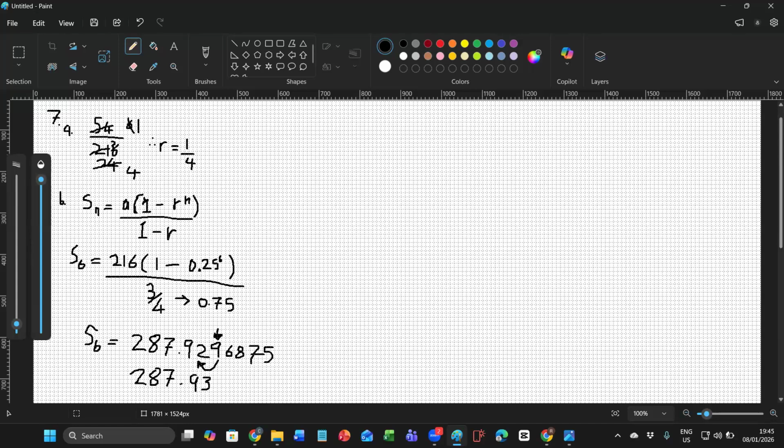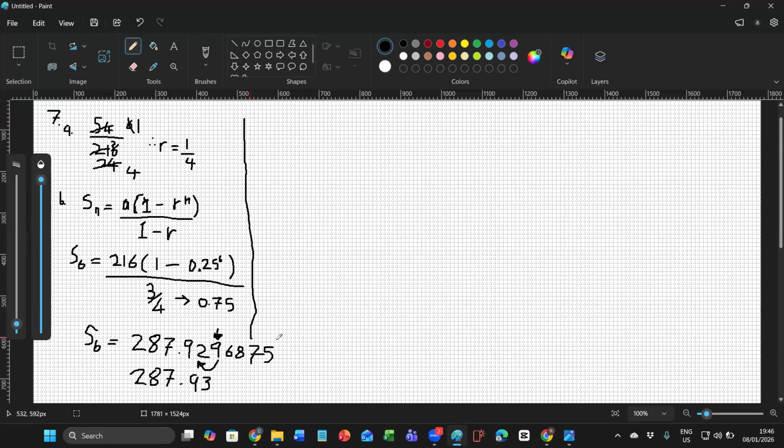That's what will give me S7 to S12, because it says second six terms. Second six terms just means the second set of six terms after the first set. Exactly.